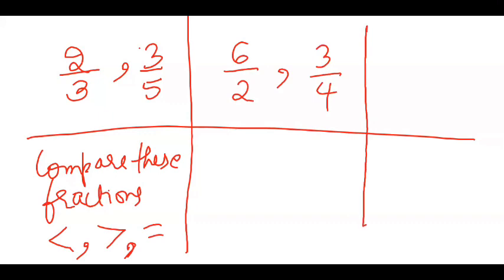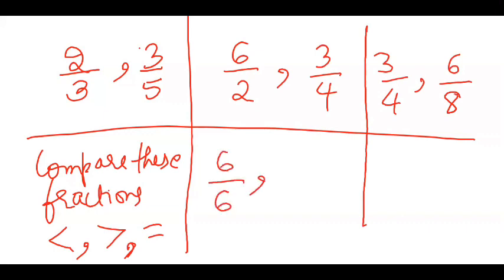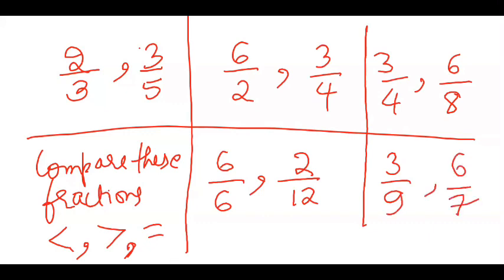Next question, 3 over 4 and 6 over 8, 6 over 6 and 2 over 12, 3 over 9 and 6 over 7. So these are the questions. Anis, I'll just take the snapshot and send this to you, inshallah.